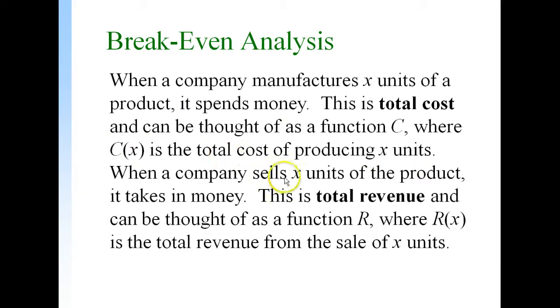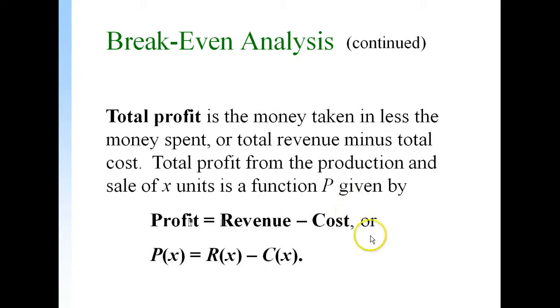When a company sells X units of the product, it takes in money. Capitalism here. This is considered revenue, and the total amount of money you bring in is total revenue. And for this, we use the letter R for revenue, where R of X is the total revenue from the sale of this many units.